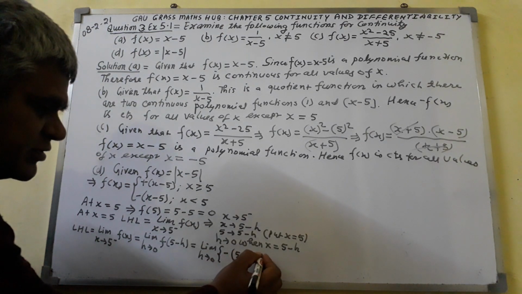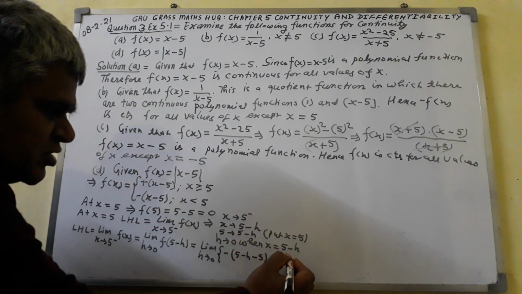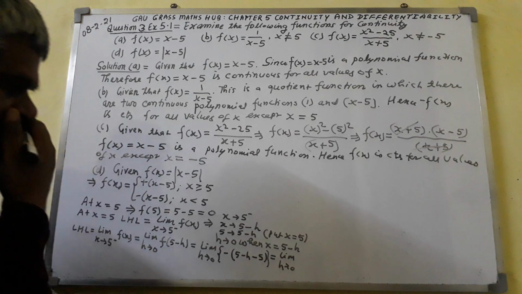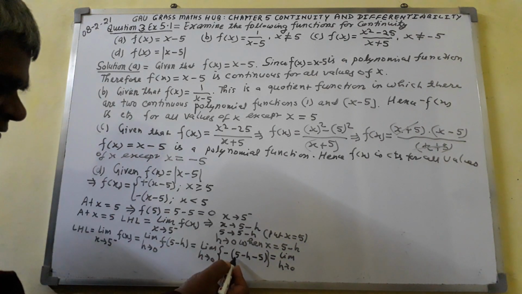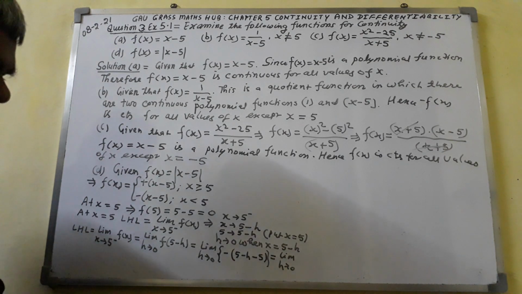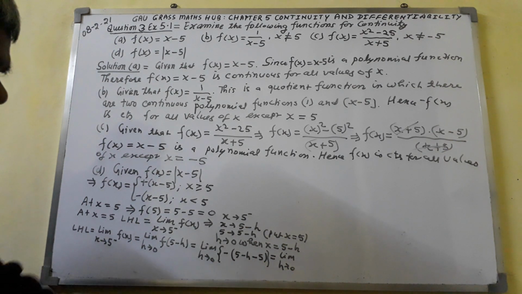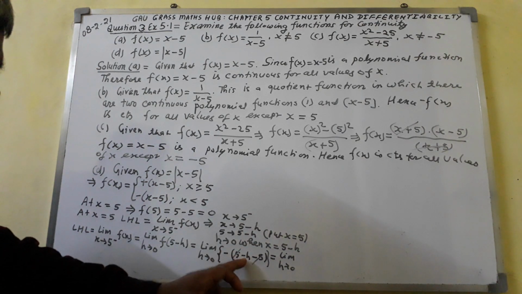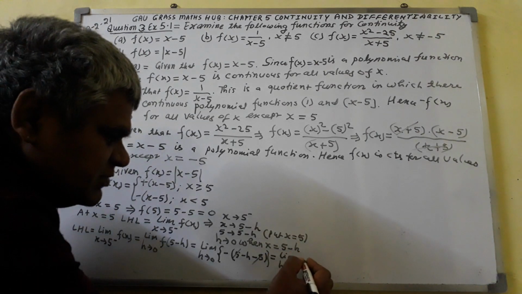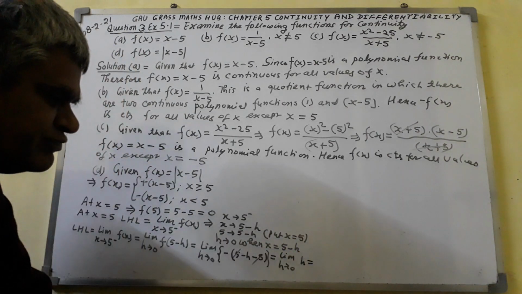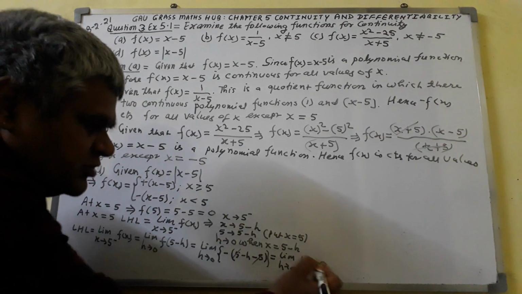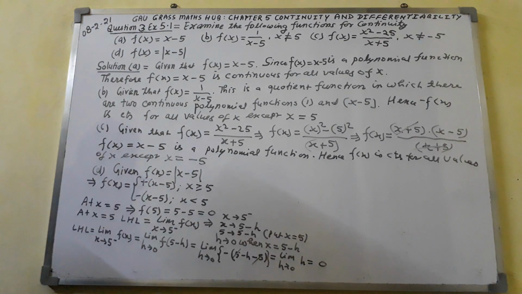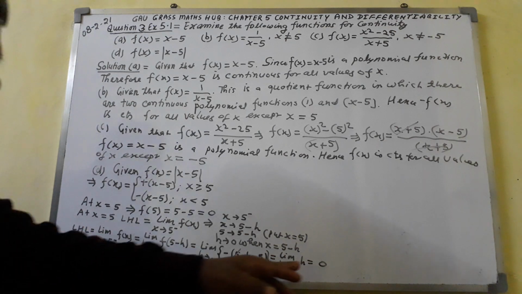So we will get the limit as h tends to 0. Here you can see plus 5 minus 5 will be cancelled out. A minus multiplied by minus comes out to h. So you will get the limit of h only. If you put h equal to 0, it comes out to 0. In this way, the value of the left hand limit will be 0.